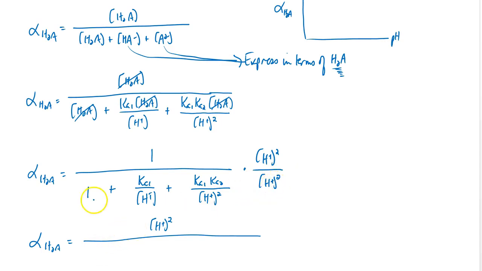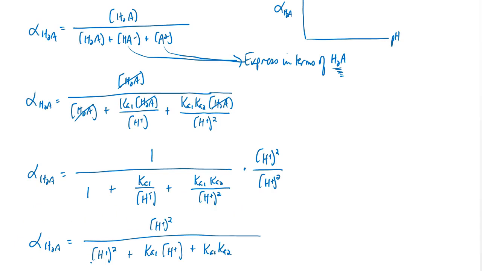So H plus squared times 1 is just H plus squared. And then H plus squared times this term would be Ka1 times H plus. And then H plus squared times this term would just be Ka1 times Ka2. This is a useful equation for your extra credit assignment.